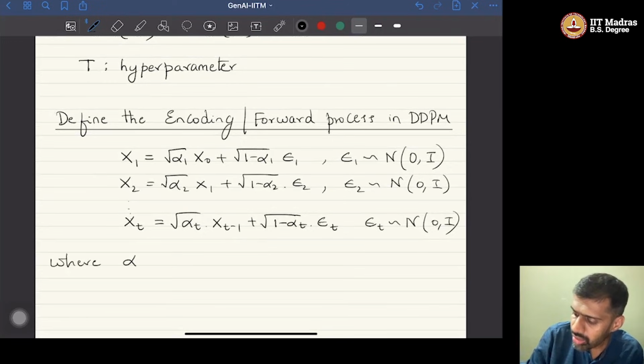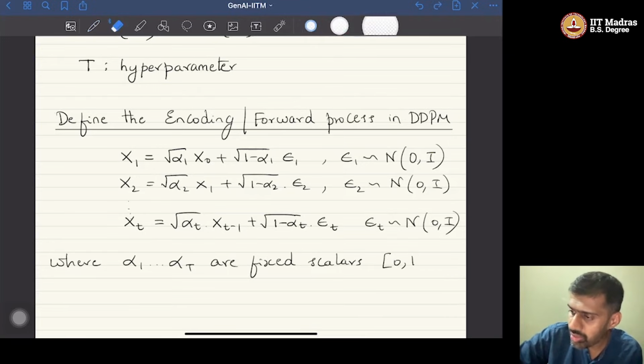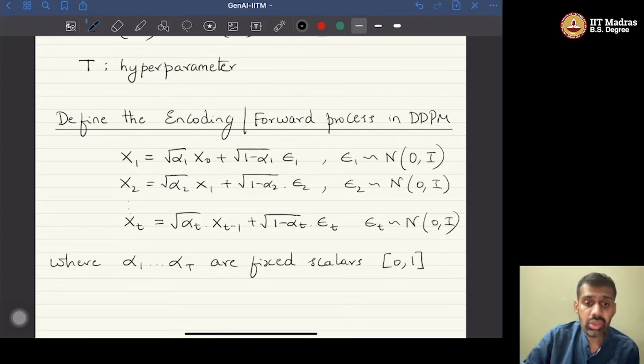Epsilon 1 to epsilon capital T, because we need capital T of them. Alpha 1 to alpha capital T are fixed scalars between 0 and 1. This is called the variance schedule, and this is fixed to be a constant. This is again another hyperparameter.